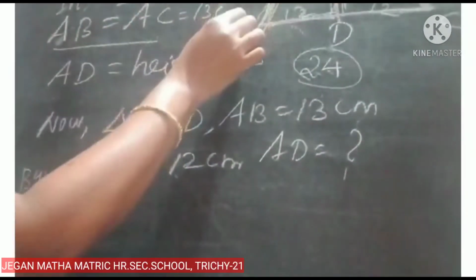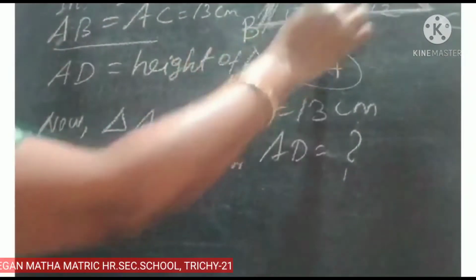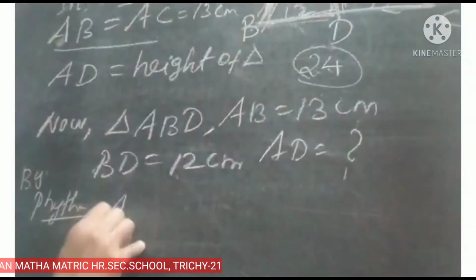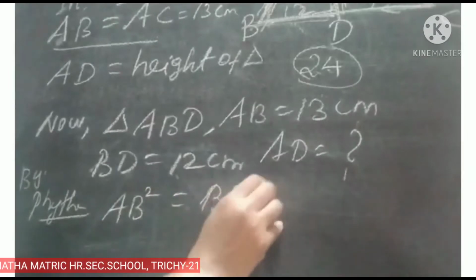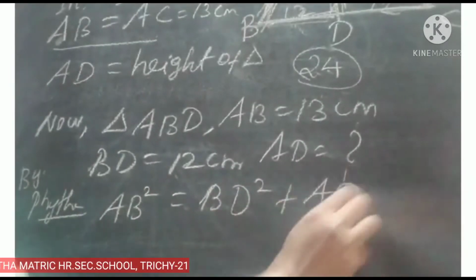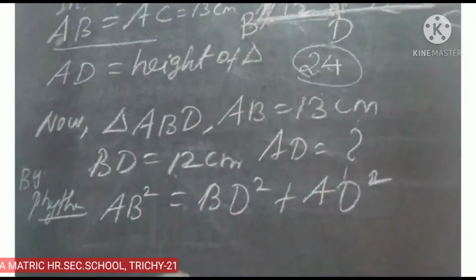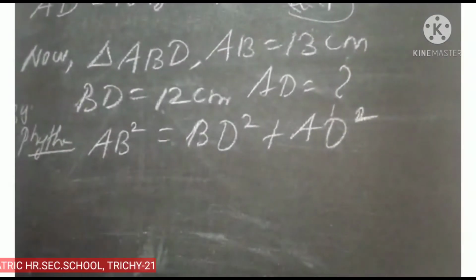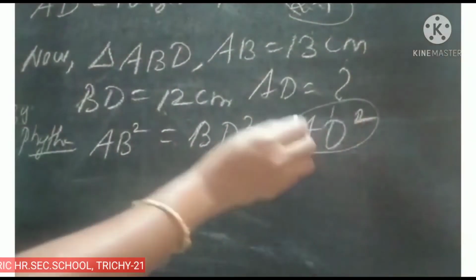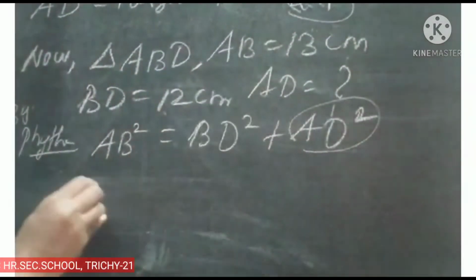AB is the hypotenuse side, this is the base, this is the height. That is AB square equal to BD square plus AD square. This is the Pythagoras theorem. Already you know this theorem. Now apply here. We want the value of AD square only.